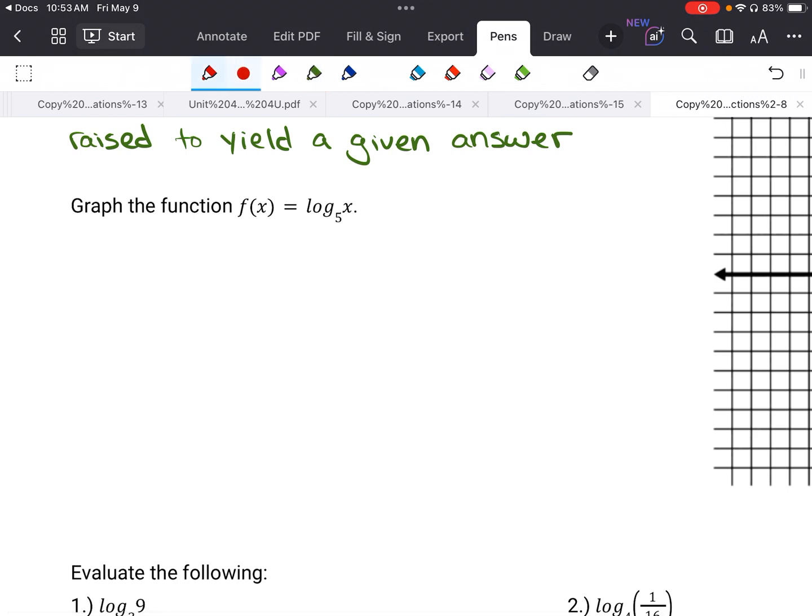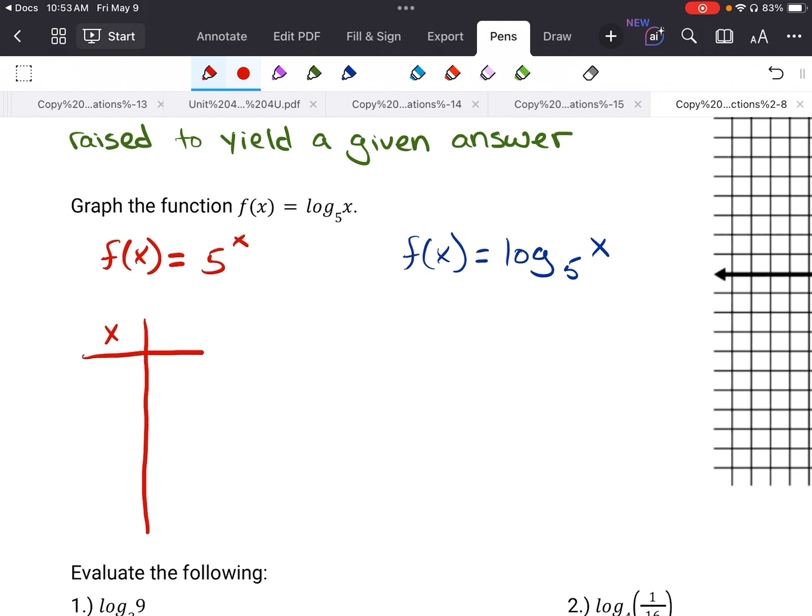So let's look at this further. If we have f(x) equals, let's go base 5. And we'll do a blue one. f(x) equals the log of base 5. We'll make a quick chart. So we have x and f(x).